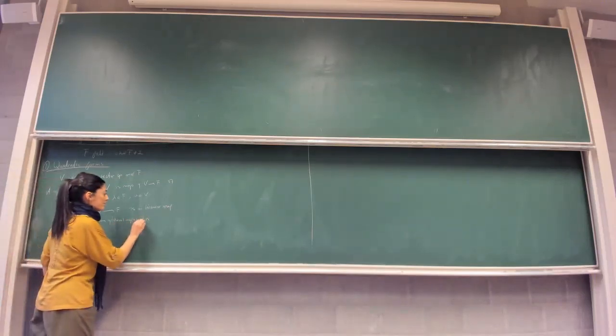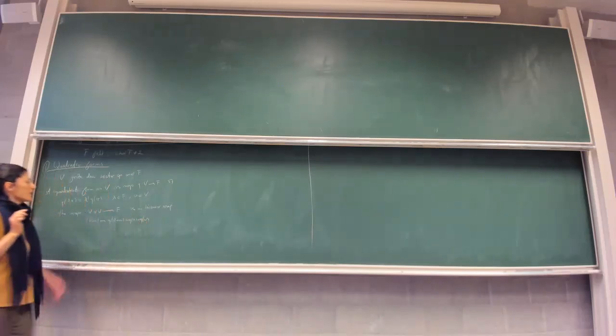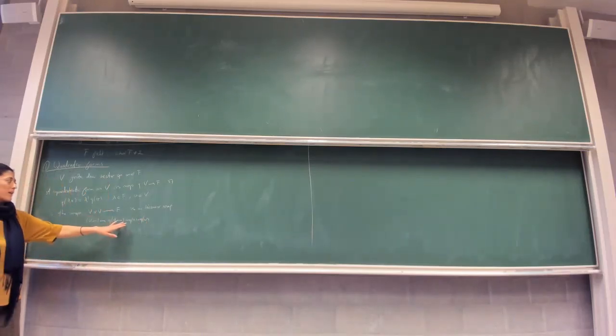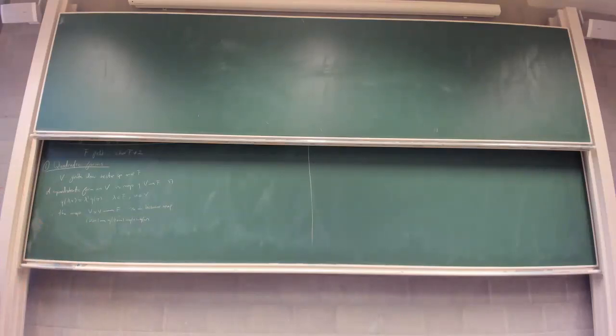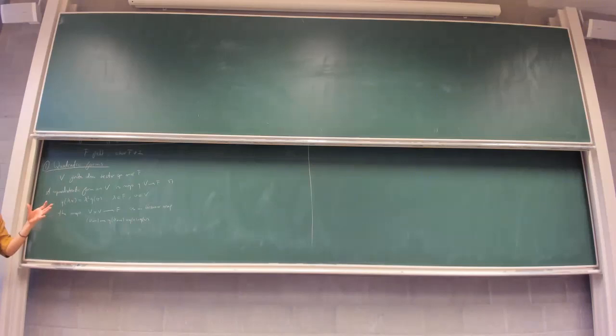Is it too small? Yes. Okay, I will try to write it bigger. Q(v+w) − Q(v) − Q(w). Yes. And in the talk, the quadratic forms that appear will be non-degenerate.